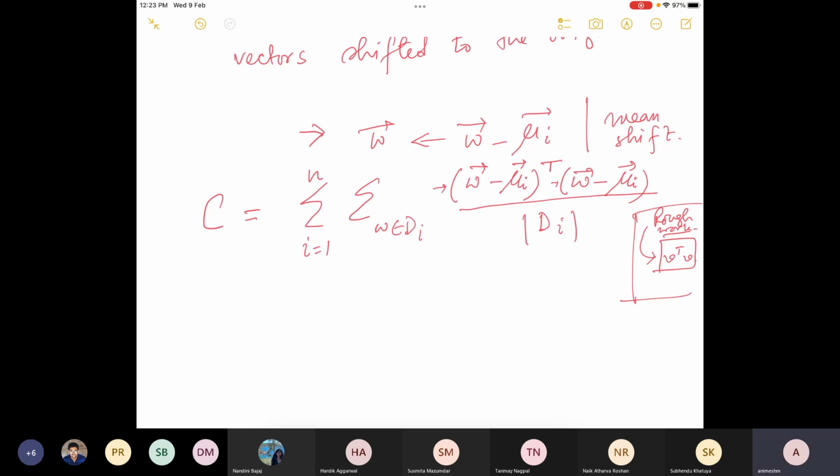It's mod V whole square. A little more thought. V transpose V, what does it compute? The magnitude of the vector, or rather the square of the magnitude.